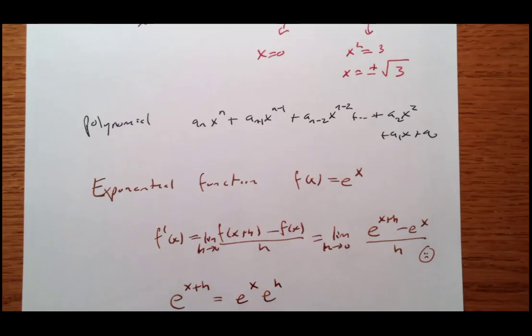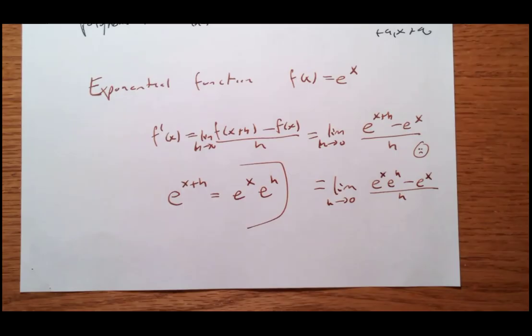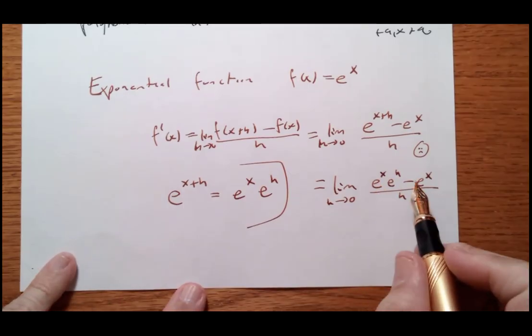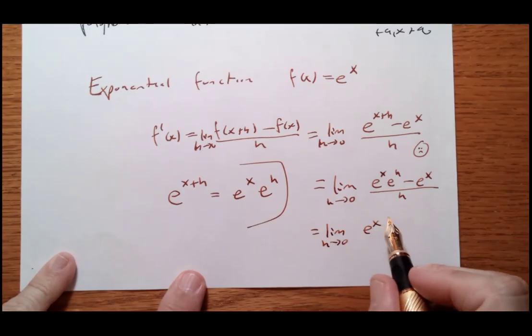So I'm going to put that in up here. Now that doesn't look like it's much better, except for the fact that there's an e to the x in both of these pieces. So let's take that out.